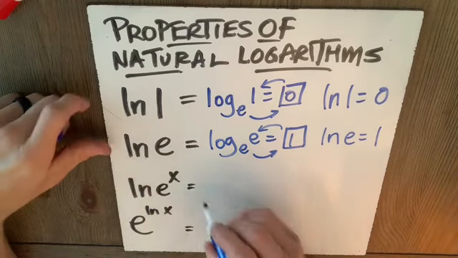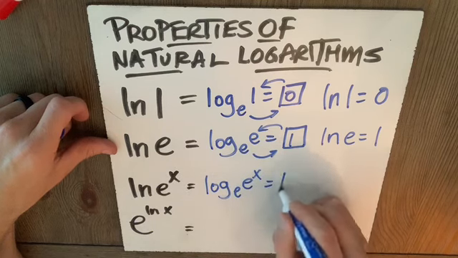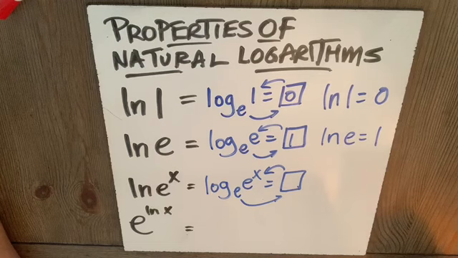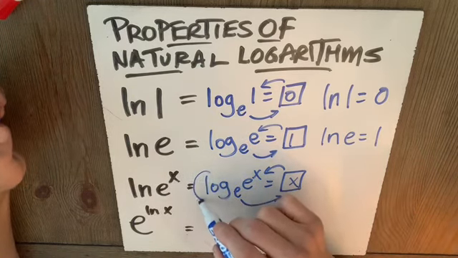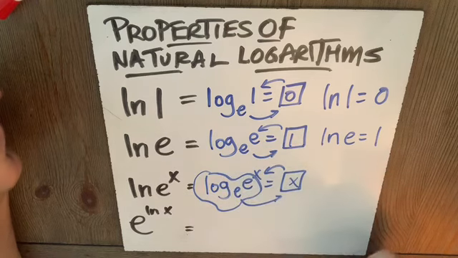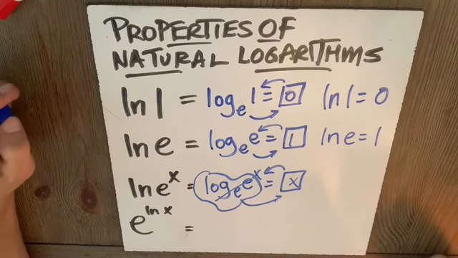Natural log e to the x. Well, this is log base e of e to the x. Now, we're asking e to what power gives us e to the x? Of course, it's x. Now, what I also want you to know is anytime you see log base e and another base e, you can think of them as undoing each other, and what survives is the exponent.